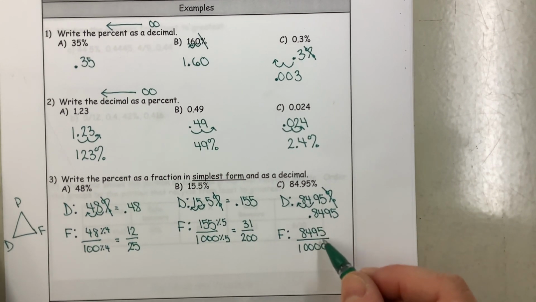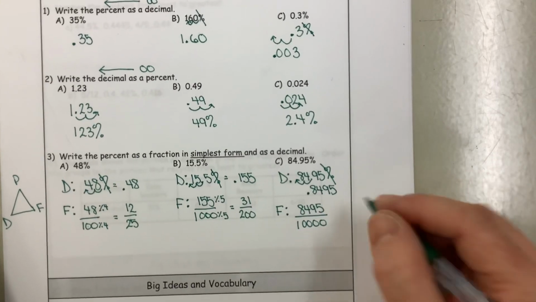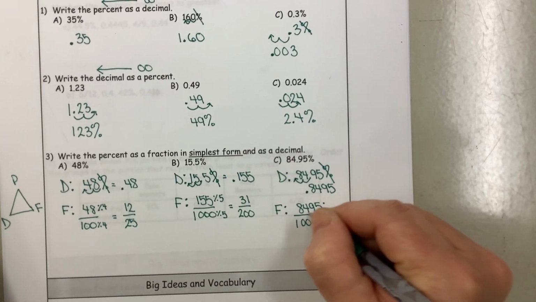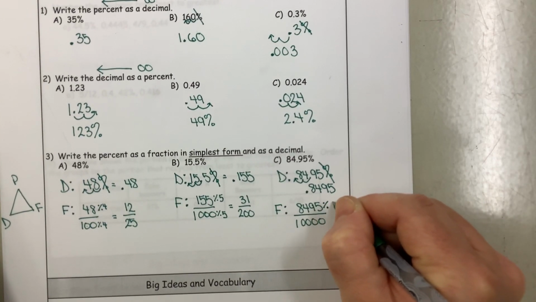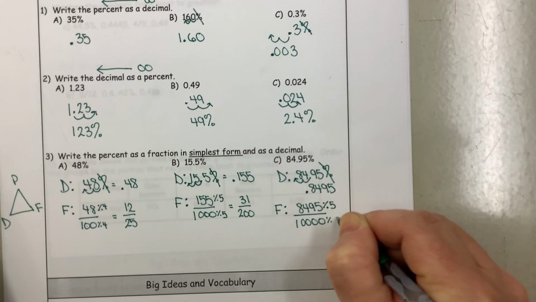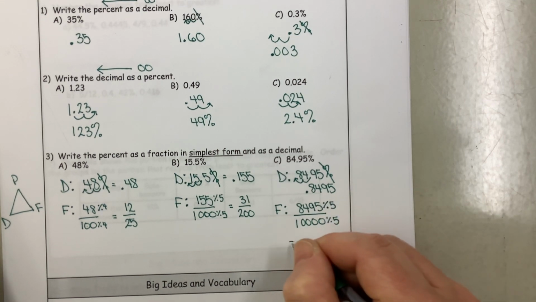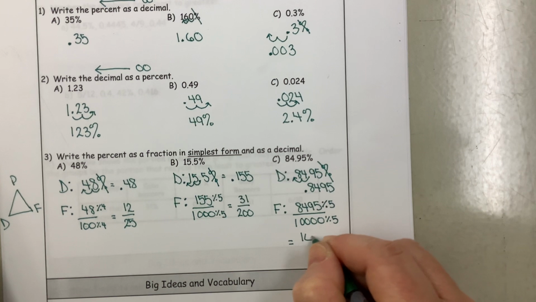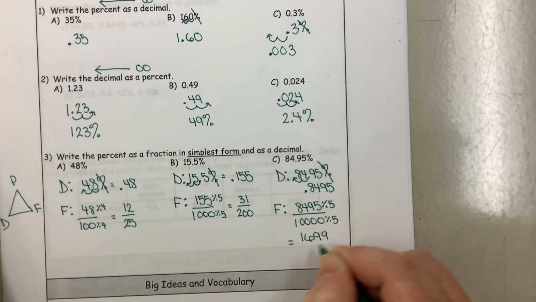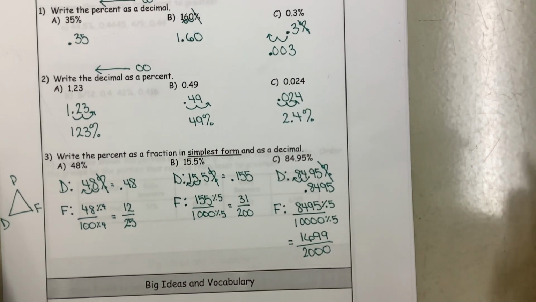I see that it ends in a 5 and a 0, so my choices are 5 and 10 doesn't go into the top one. So I'm going to divide top and bottom by 5. And when I do that, I'm going to get 1,699 over 2,000, which is simplest form, even though it doesn't seem very simple.